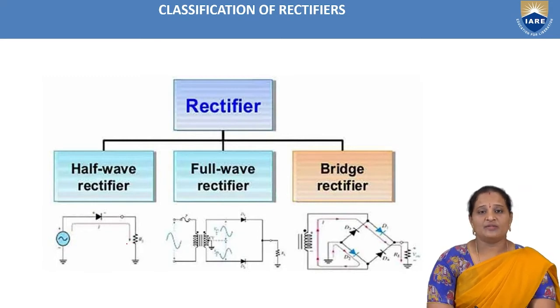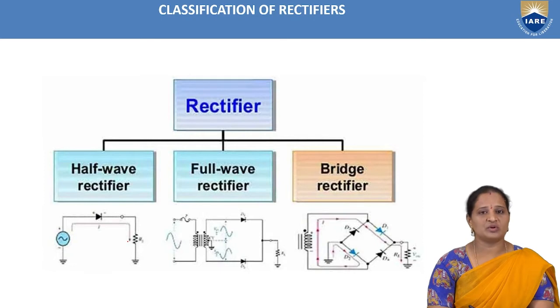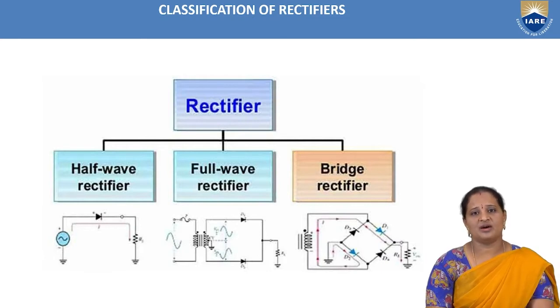That means the diode conducts only during the positive half cycle, whereas the input AC supply consists of both positive as well as negative half cycles. This rectifier is a major part of a power supply, where we get the constant DC supply which is required by all the electronic appliances in the real world.